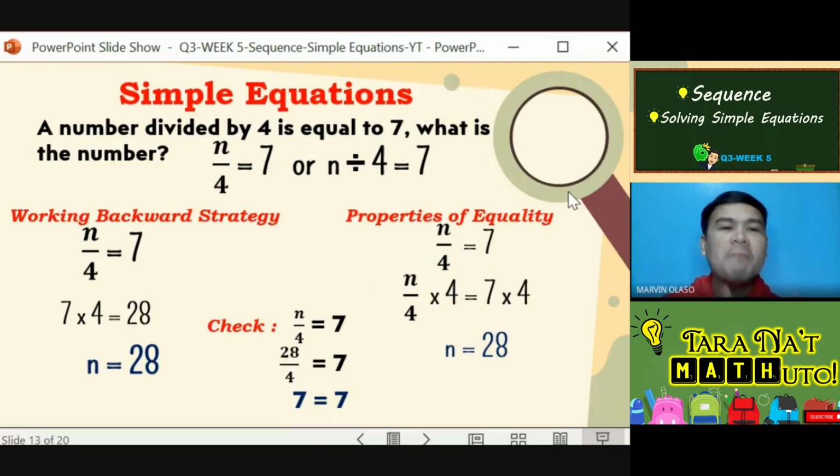Kung alin ang mas napapadaling strategy or method na gamitin sa pagkuha ng unknown sa isang simple equation, walang problema. Yun ang gamitin mo. Basta tama yung magiging sagot mo. Alright? Ayan po. I think we are done with the two topics for this episode.